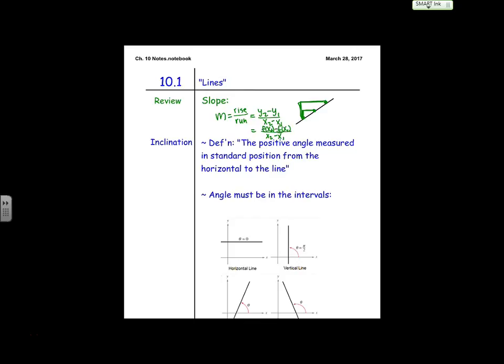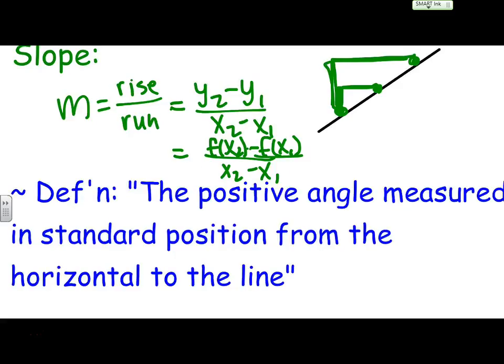Why might I use f of x in function notation instead? Yeah, maybe they don't give us the y values. Maybe they give us the function, and in order to graph, we need to plug in the x's to get the y's. Does that make sense? Either way, rise over run.